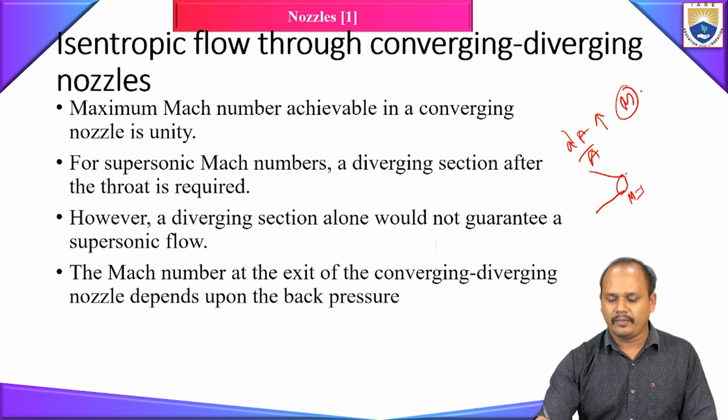It's a kind of sonic. Now if I attach a divergent section, what is the meaning of divergent section? Your area is increasing. We have seen for supersonic entry, if the area is increasing, your flow will be accelerated.